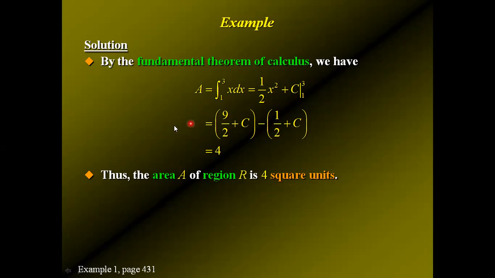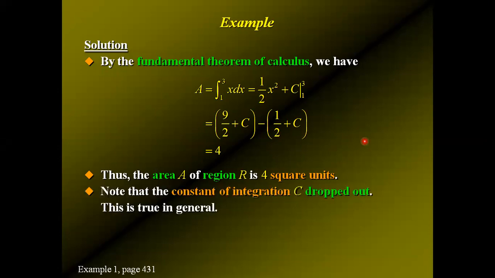Just using the fundamental theorem of calculus, we have found this area. Now remember that in a definite integral the constant cannot be used, because the constant will be cancelled. This is why there is no need to use the integral constant for definite integrals. Note that the constant of integration c dropped out. This is true in general.